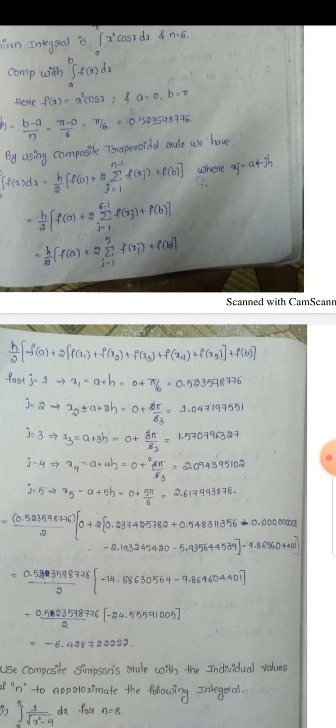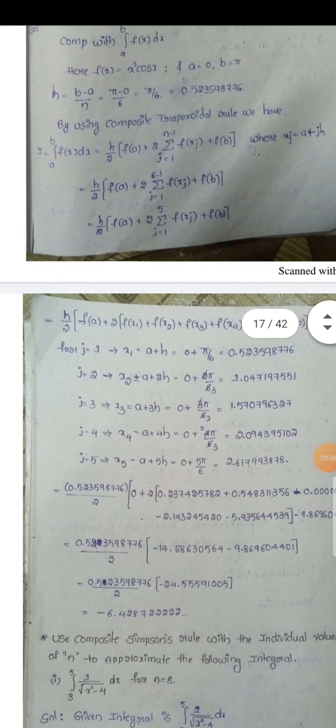That equals 0.523598776 by 2 into minus 24.55591005. After simplifying, we get the value equal to minus 6.4287222.